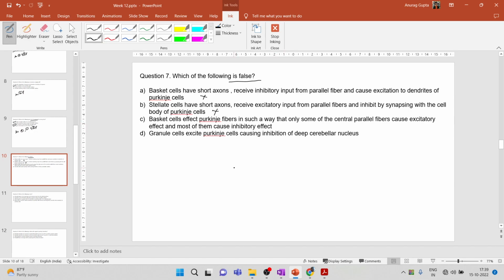That is correct. We know that the granule cell axons climb up, go through the molecular layer, and become parallel fibers. They travel in the mediolateral direction, and then we have the Purkinje dendrites in the anterior-posterior direction. So they take a 90-degree turn basically, and then we have the satellite cells.